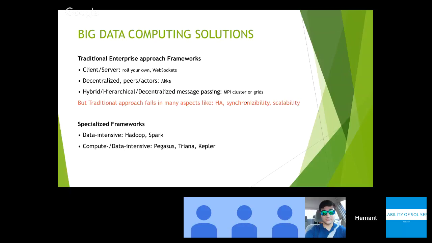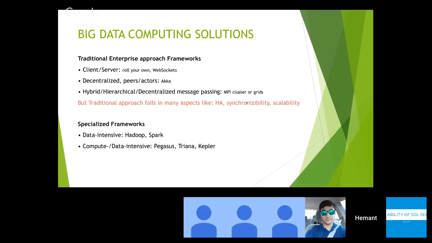So that's where we look forward to a specialized framework. We categorize the frameworks on two things: one is data intensive, and one is compute and data intensive, in the sense that it works on the data once the data has been sanitized to be used.